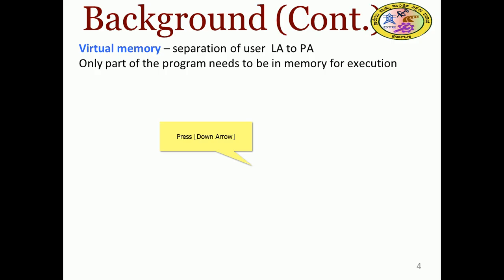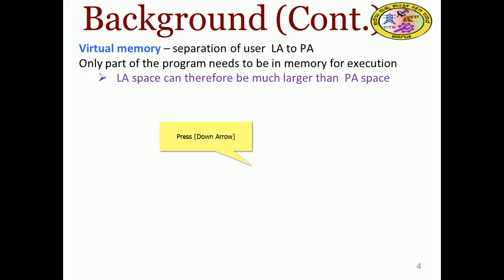That is the virtual memory effort. Only part of the program needs to be in memory for execution, not the entire program. So the logical address space can be much larger than the physical address space. The small amount of physical memory is magnified with the logical address.